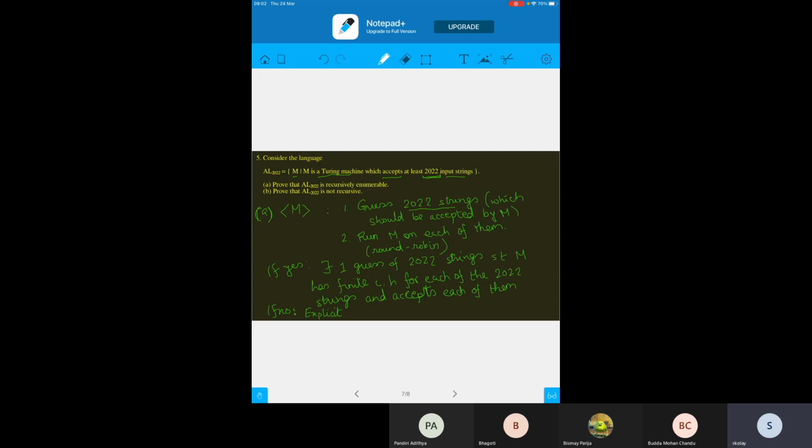So these will be explicit rejections of these guesses, and there could also be implicit rejection, meaning that on some of the strings that you have guessed, you enter a loop, which means M is going to implicitly reject those strings. Okay, so we designed a non-deterministic Turing machine for AL 2022.